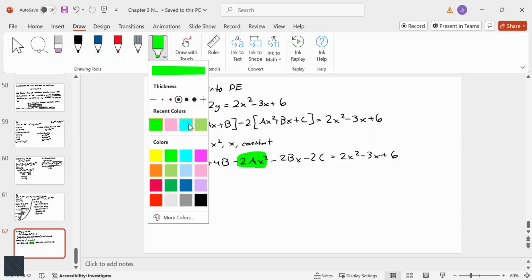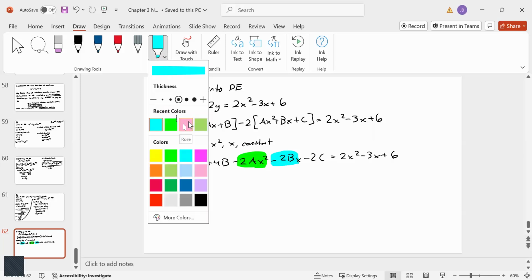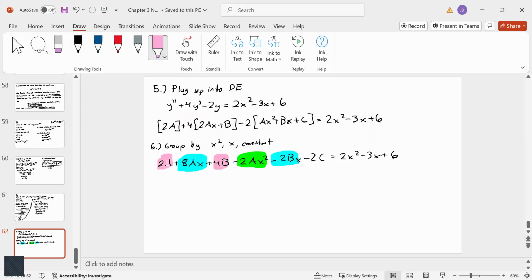All of the x terms are right here. And then all of the numbers are going to be right here, and right here. And so we get negative 2ax squared plus 8ax minus 2bx plus 2a plus 4b minus 2c equals 2x squared minus 3x plus 6. Right? That's all I've done.